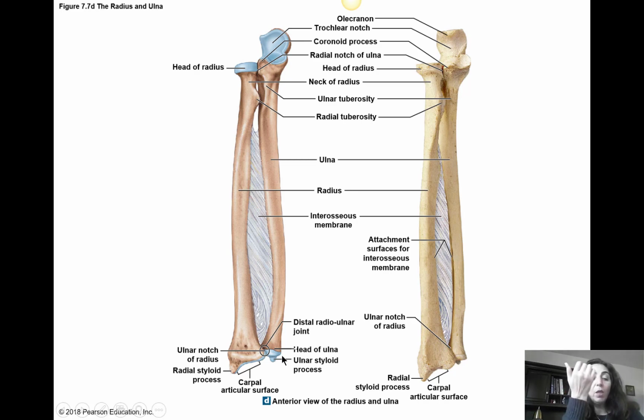Now pay attention that the styloid process of the radius also can be felt here on the lateral side. So if you go here over the wrist, you can feel the end of the radius as the styloid process of that one.